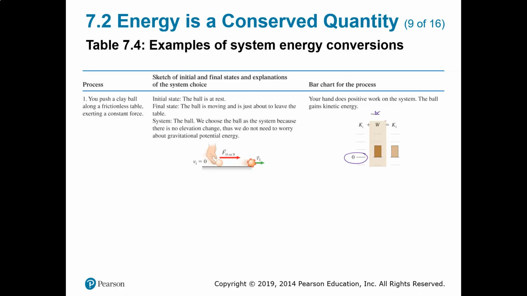You'll notice that this box right here is shaded. That's saying, hey, this wasn't in the system already, we brought it in. And so after we put those two together, the ball is moving, and we have a final kinetic energy. So you can see that a flat line plus this shaded box is going to give us this shaded box.